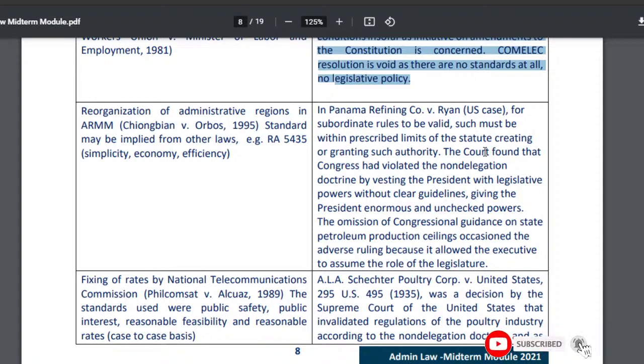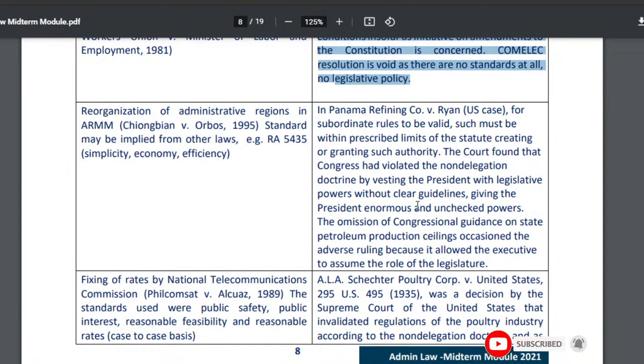The US Supreme Court found out that Congress had violated the non-delegation doctrine by vesting in the President the legislative powers without clear guidelines. Without clear guidelines, giving the President enormous, unchecked powers.